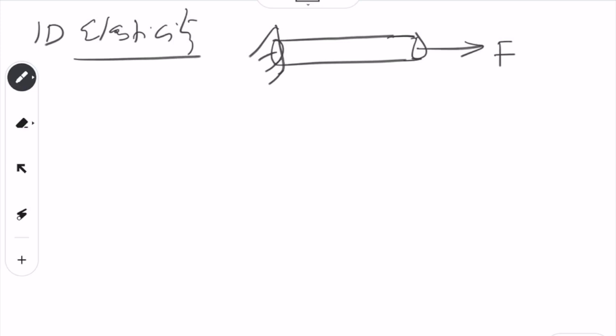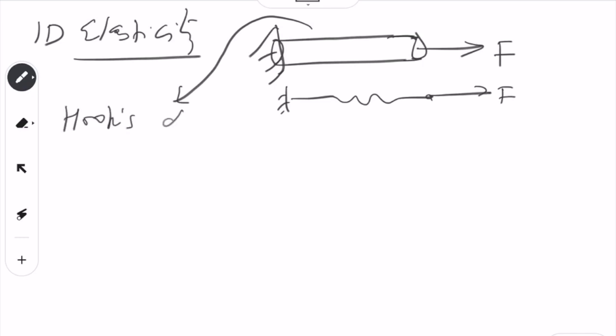There are many ways of solving this one. Many ways meaning that either you can assume this to be a spring and see what is the force and find out the deflection, or you can do it like this. We use Hooke's law basically.